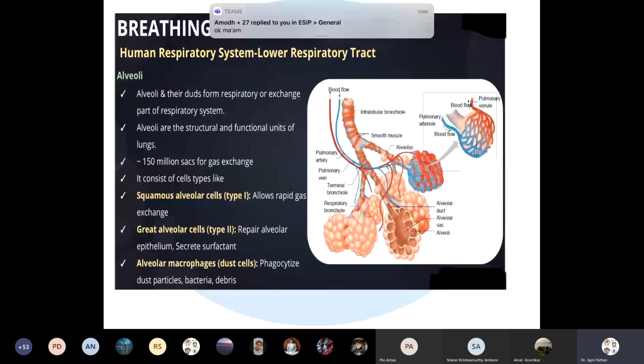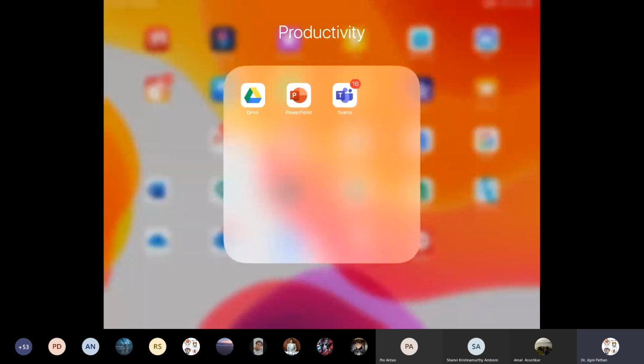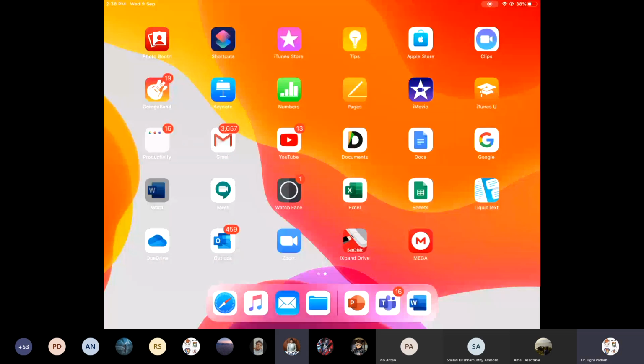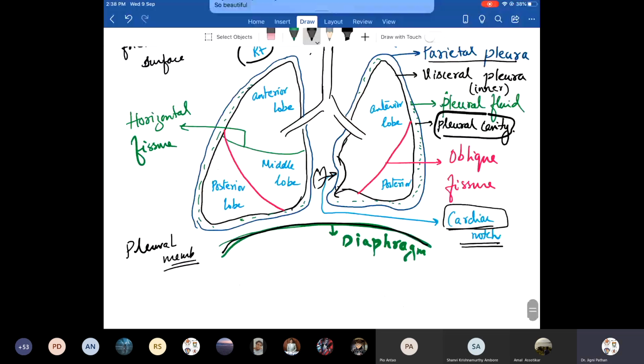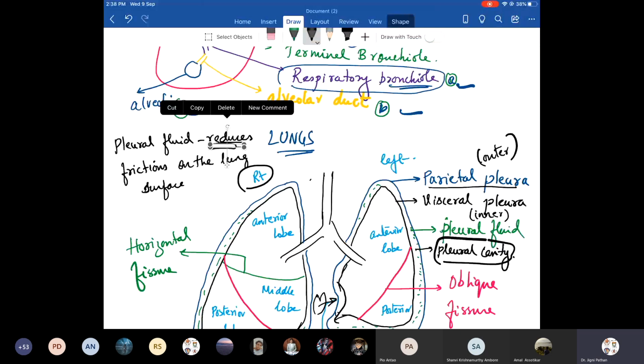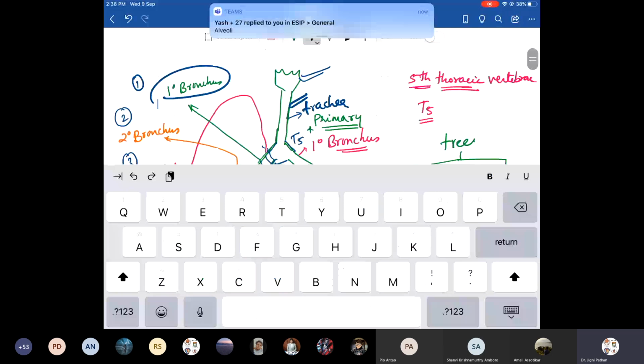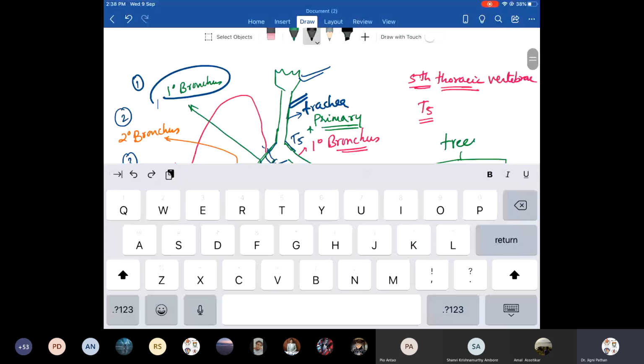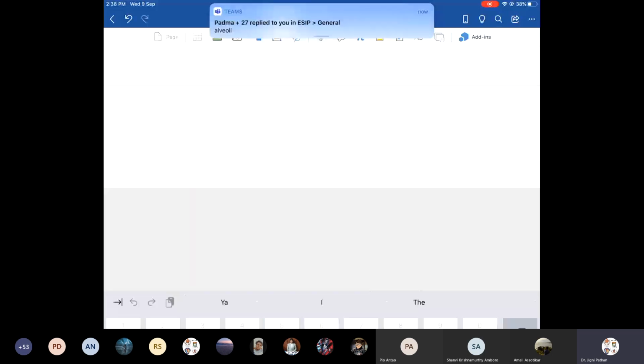Which is the structural and functional unit of the lungs? Who will answer me now? Alveoli. Very good. Alveoli is the structural and functional unit, a very important question. Let's move to study alveoli now.